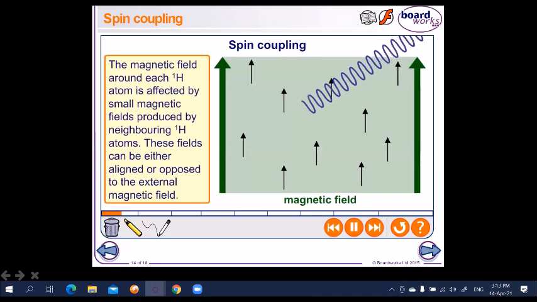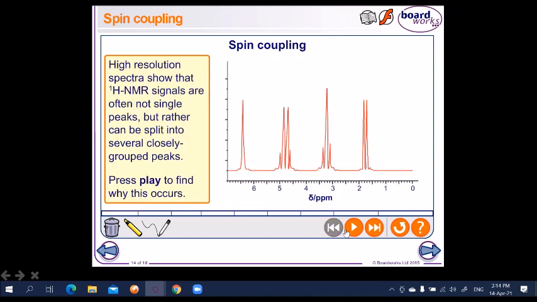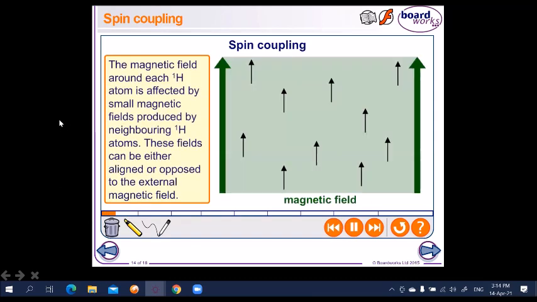So the magnetic field around each hydrogen atom is affected by small magnetic fields produced by neighboring hydrogen atoms. These fields can be either aligned or opposed to the external magnetic field. Again, take a look at that beautiful picture. There's your radio wave shot at it. Nothing we haven't seen before.